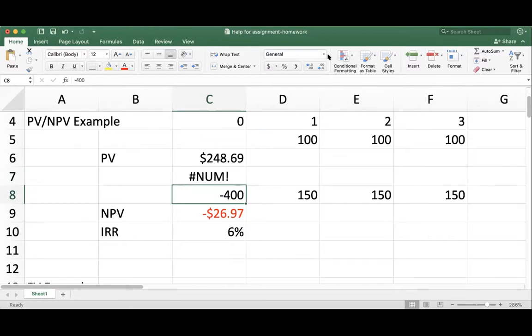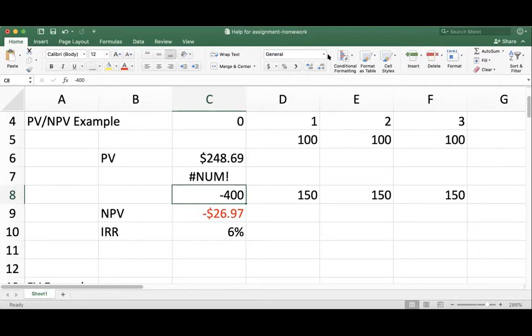Some of you will be doing things like, I borrowed money and then I paid it back. If you borrowed money, that shows up as a negative, and then when you pay it back, it's a positive. You have to have that positive and negative, or you can't get that IRR or that interest rate. You can use it to calculate interest rates. They're just like IRRs, whatever makes the present value and the future value be equal.